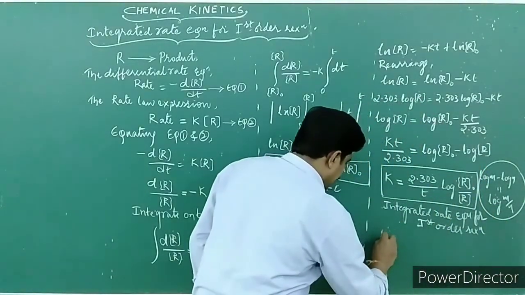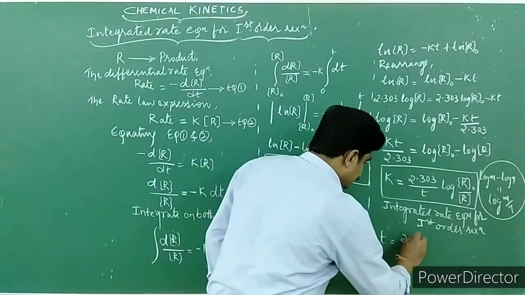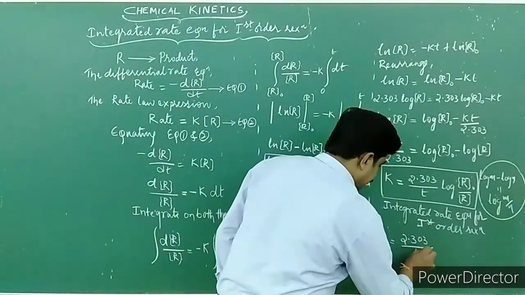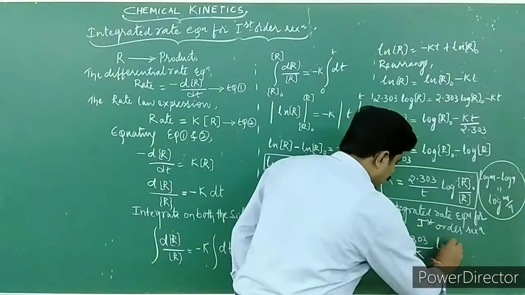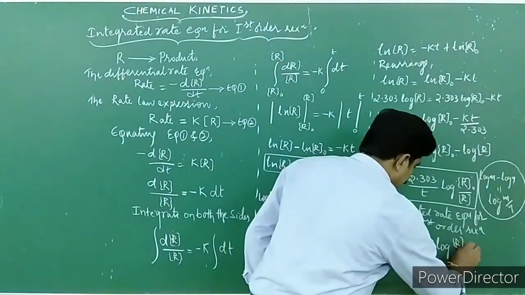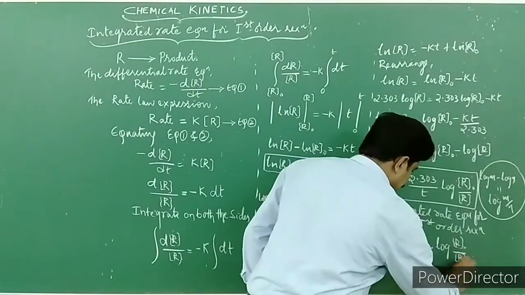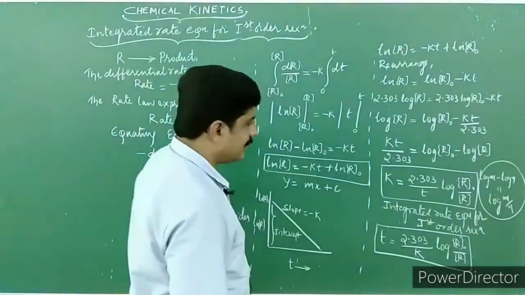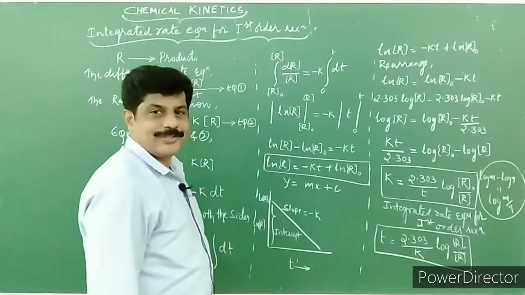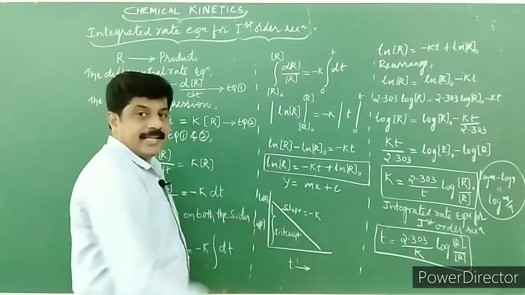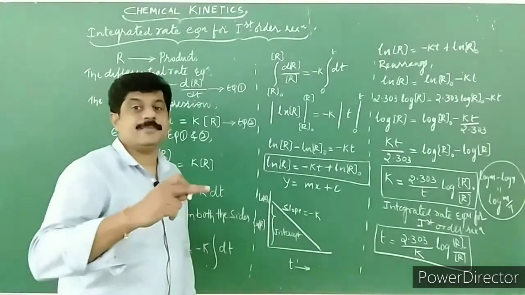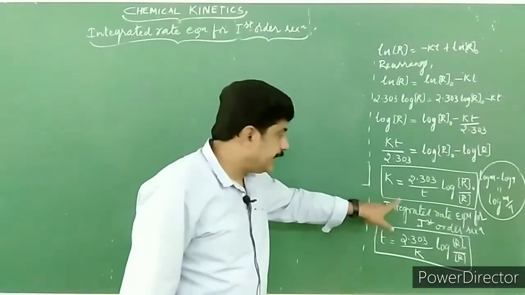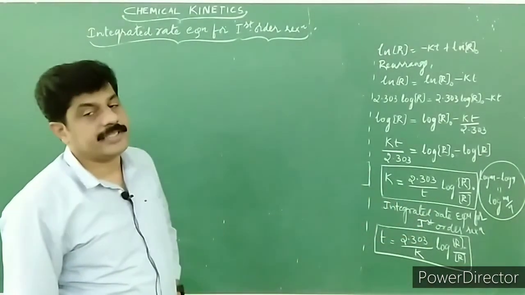I can also write like, look at here, k is equal to 2.303 upon t log of R naught upon R. Hope you understand that? Is it not? Children, again I'll take up in terms of two different times. So this is the integrated rate equation for first order reaction.